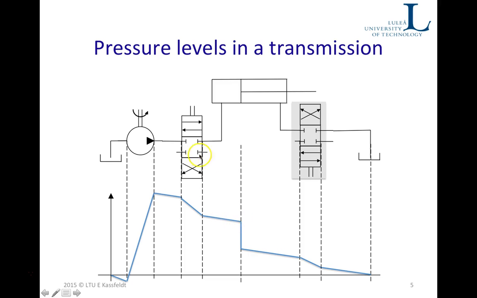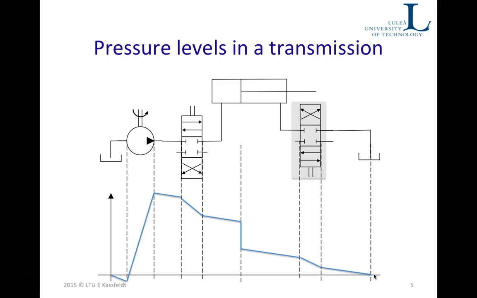We have more losses when we go from the valve to the cylinder, and here we have the main drop, which corresponds to if there's an external force on the cylinder. We follow the next tube from the cylinder to the valve. That's this part. We go through the valve once again, and from the valve back to the tank.